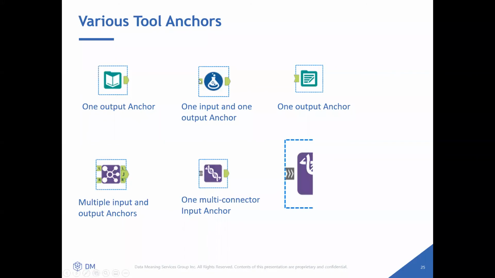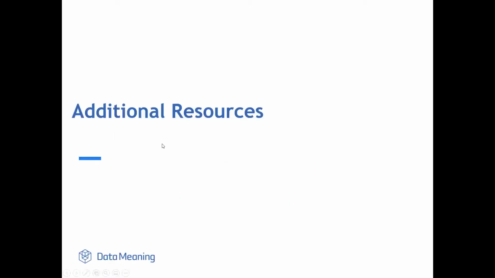Other tools, the default behavior is that only one connector can connect into the input anchors of these various tools. So when we talk about the tools, we have anchors, and then we connect the tools together from the output anchor of one to the input anchor of the next.